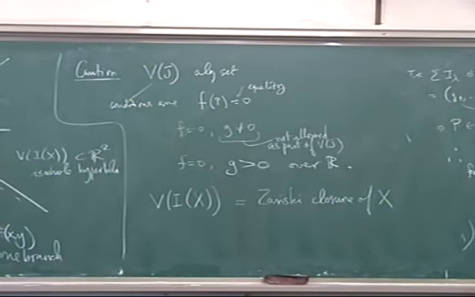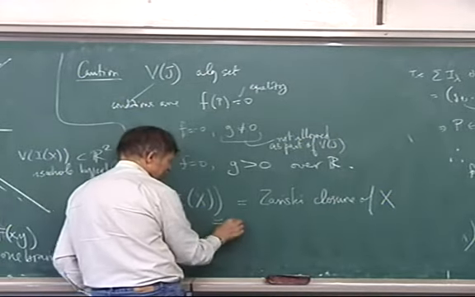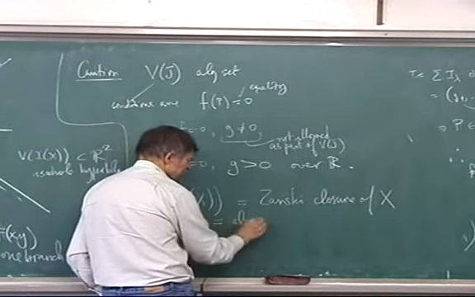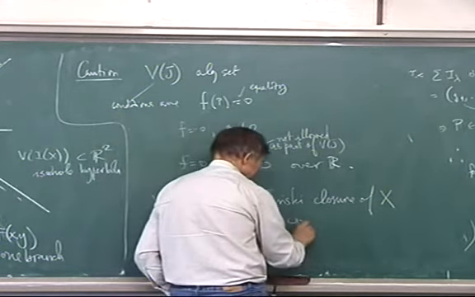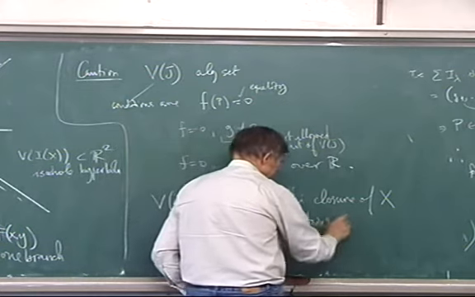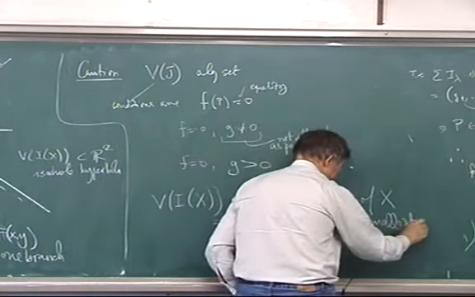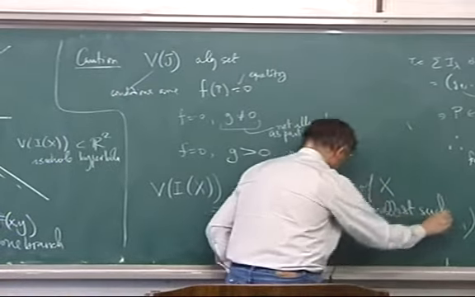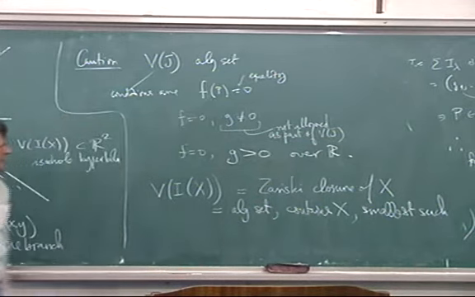And so what this means is, it's an algebraic set, and it contains x, and it's the smallest such. It's the smallest algebraic set containing x. Right?